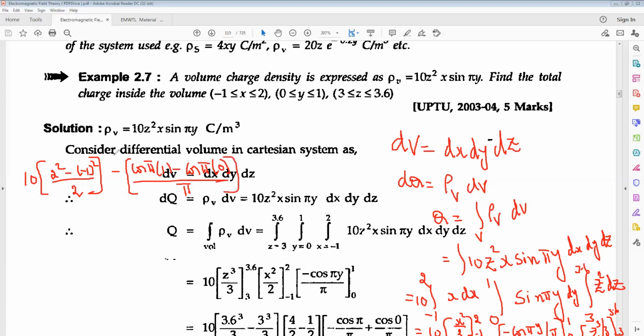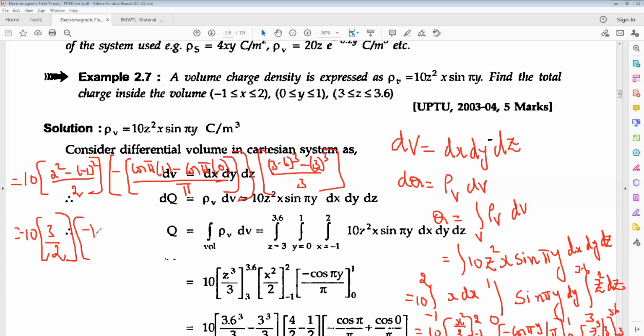Okay, and this is only the multiplication factor, my dear friends. And again the multiply z, 3.6 whole cube minus 3 whole cube by 3. Okay, simplify the function. Cos pi value, that is equal to q is equal to 10 into 4 minus 1, 3 by 2, and keep the minus here, and multiply here.